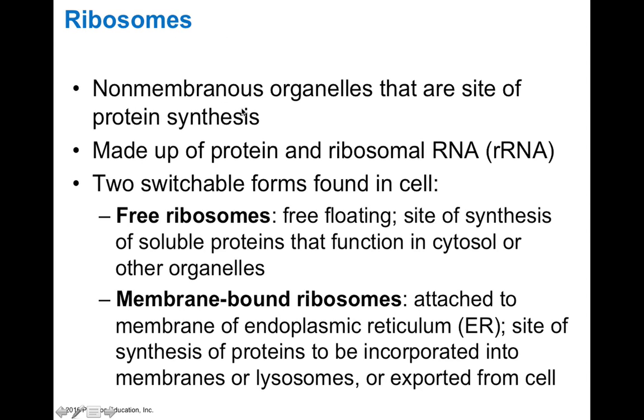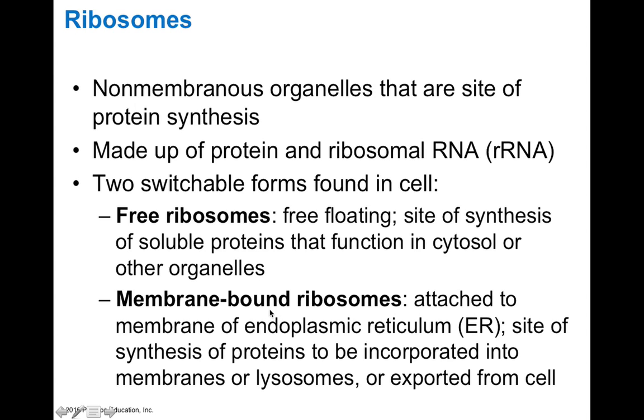Now, ribosomes are these non-membranous organelles that are the site of protein synthesis. Now, mitochondria have their own ribosomes, but there's two different types of ribosomes. We got free and membrane-bound ribosomes. The free ribosomes are freely floating, which are the sites of synthesis of proteins that you find in the cytosol or in the membranes of other organelles.